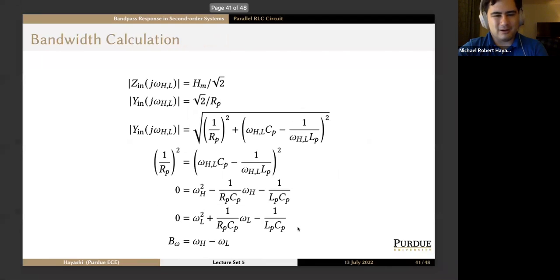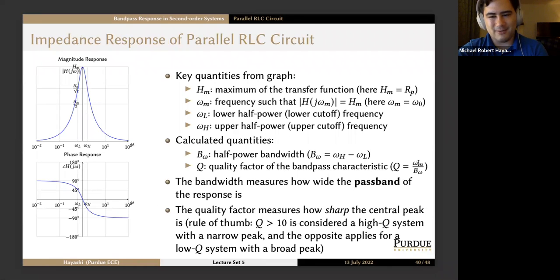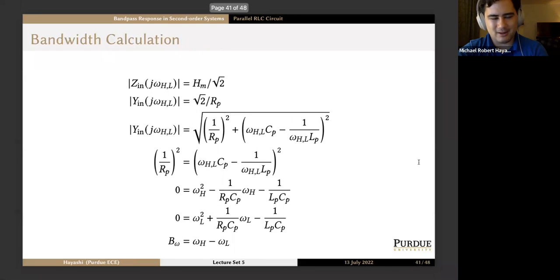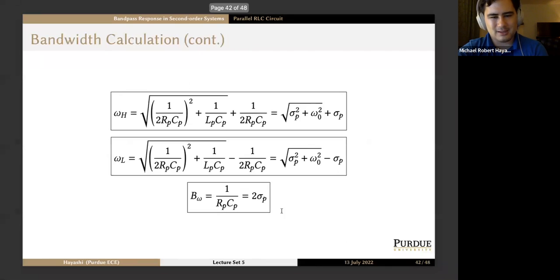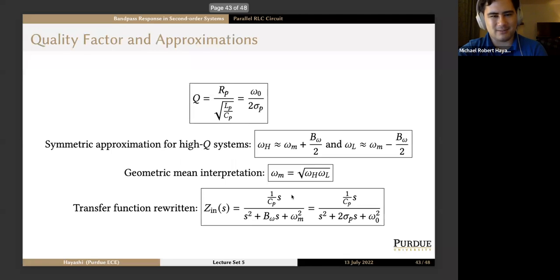So if we work out the quality factor, which is just omega m divided by b sub omega, we'll take 1 over square root LC divided by 2 sigma p, and you'll get omega naught over 2 sigma p. Or if you work this out, you'll get R sub p divided by the square root of L sub p over C sub p.